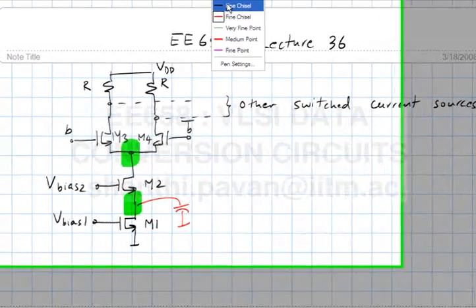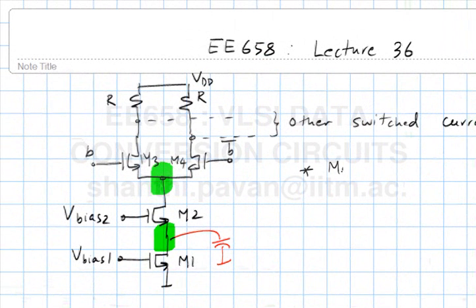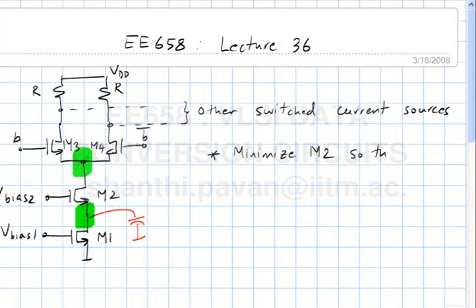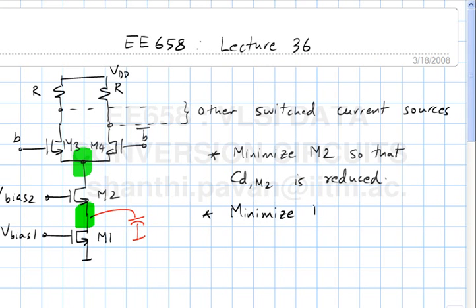So what you want to do as a designer is minimize the size of M2 so that the drain parasitic of M2 is reduced, and minimize the sizes of M3 and M4 so that CGS of M3 and M4 are reduced.